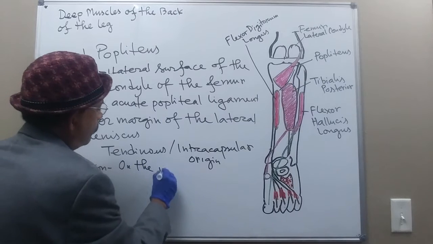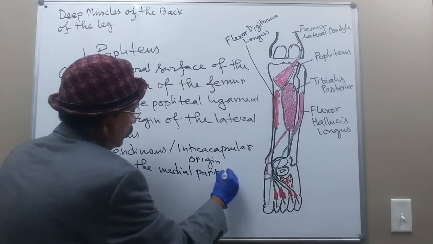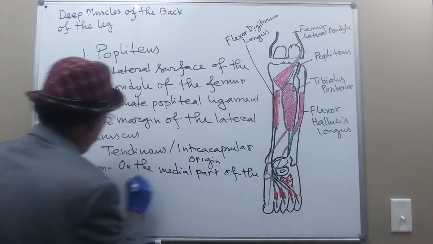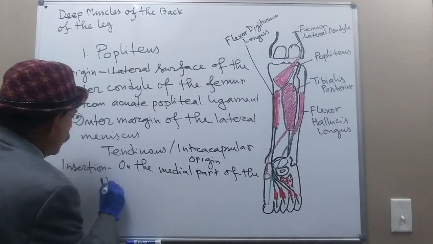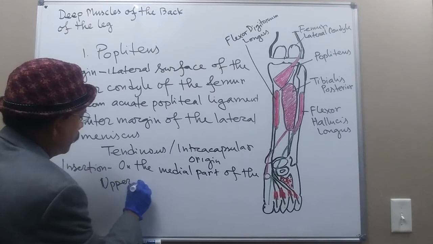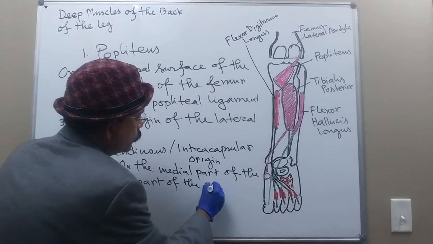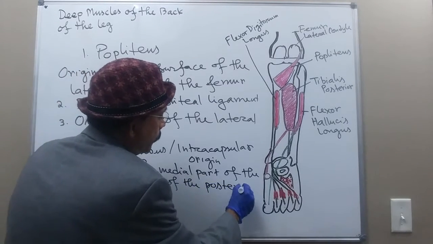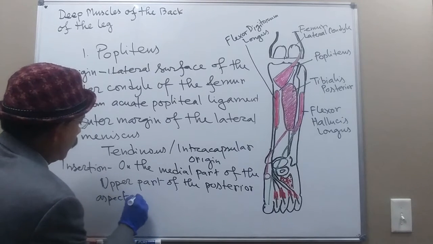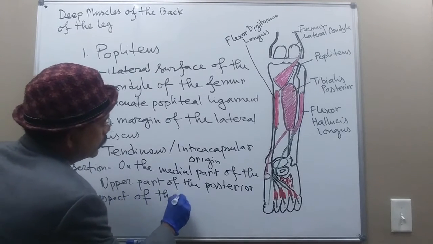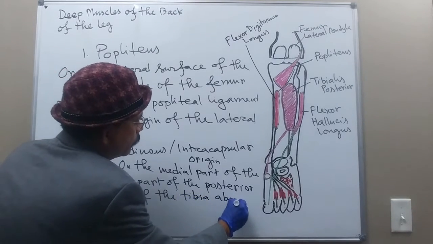The insertion is on the medial part of the upper part of the posterior aspect of the tibia above the soleal line.